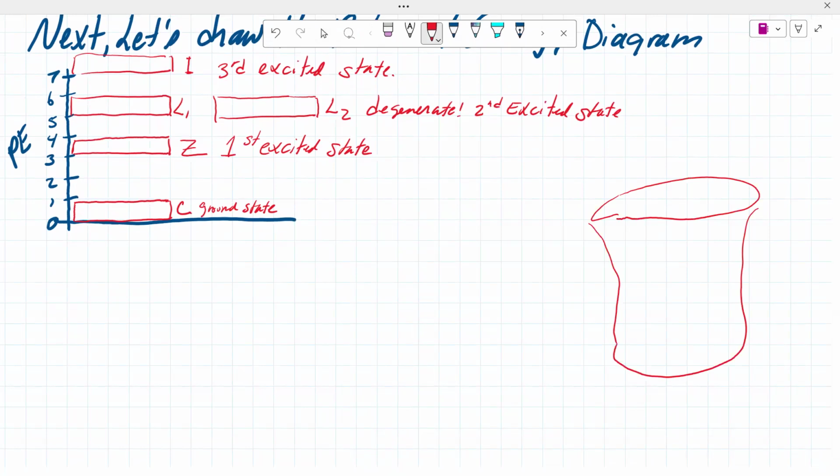In the beaker is a bunch of peptides, and there's water in the beaker, so we'll put some blue highlights. Inside the beaker, the peptides are in these different states, but they might be interchanging back and forth between each other. So how many are in which state? Well, that's what we're going to calculate today.